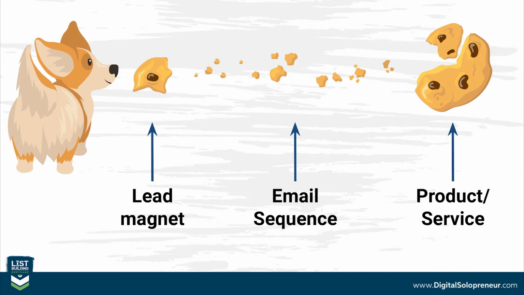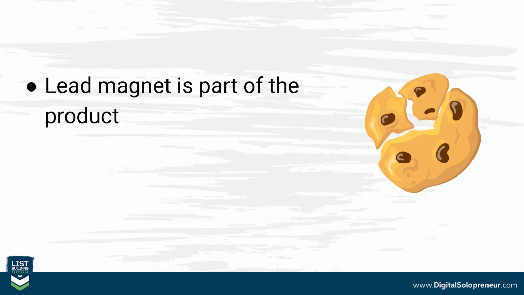This is just a suggestion, but it's a logical lesson that I learned myself. You'll notice it's not a random lead magnet. Let's say you have a service for relieving back pain, like realigning your spine, to permanently cure your back pain. Our lead magnet is part of the product.